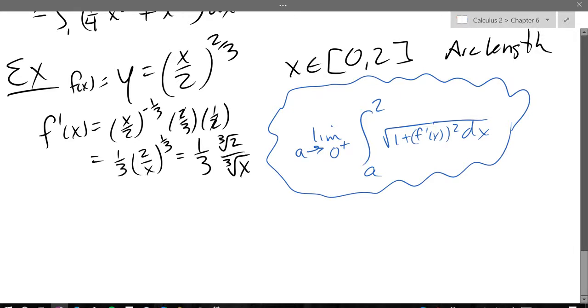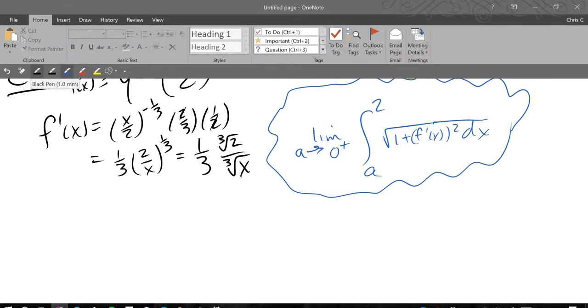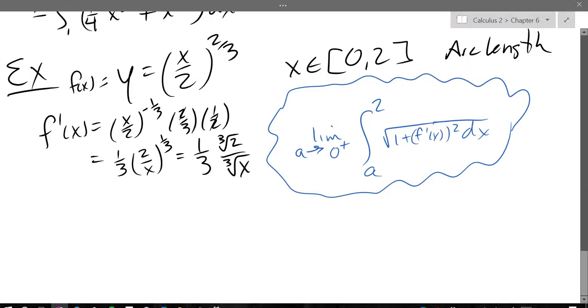What I'm going to do instead is change from being a function of x, and rewrite this as a function of y. So I'm going to solve for x. We're basically going to force it to be a function of y instead. This is called an improper integral. Improper doesn't mean bad or false, it just means you've got to be careful.